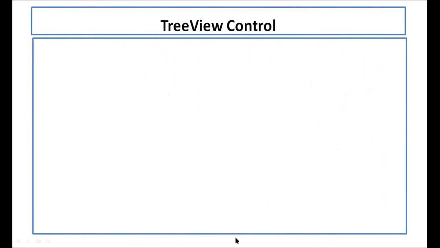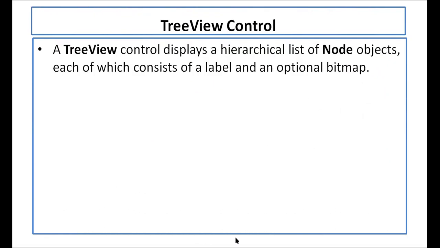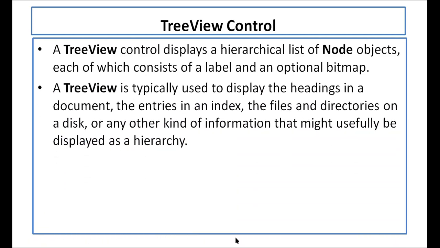Now, finally, we will see the TreeView control. According to its name, this control is used to view data or files in a tree structure format. Now, we will see in detail. A TreeView control displays a hierarchical list of node objects, each of which consists of a label and an optional bitmap. A tree view is typically used to display the headings in a document, the entries in an index, the files and directories on a disk, or any other kind of information that might usefully be displayed as a hierarchy.